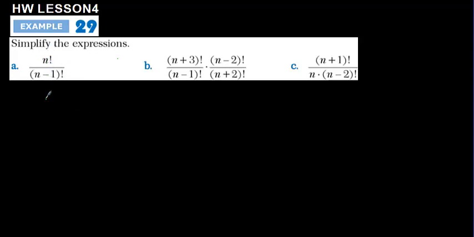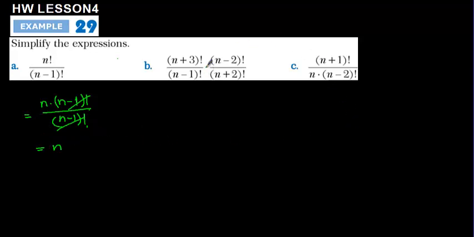So n factorial, when I open it, is n times n minus 1 factorial, and down is n minus 1 factorial. Then when you simplify n minus 1, you are going to leave n here.